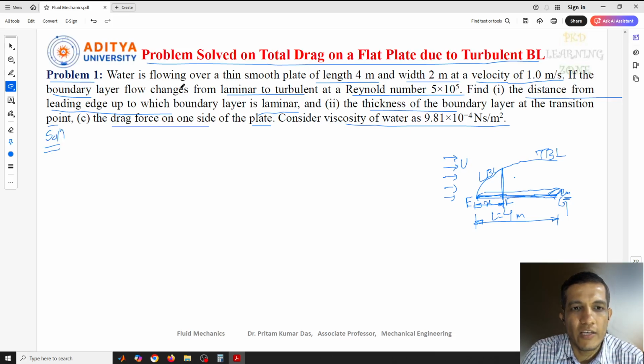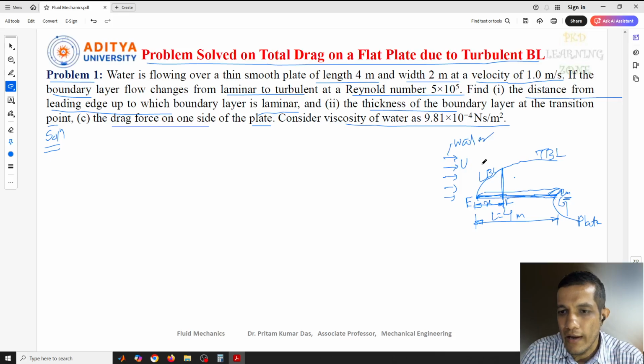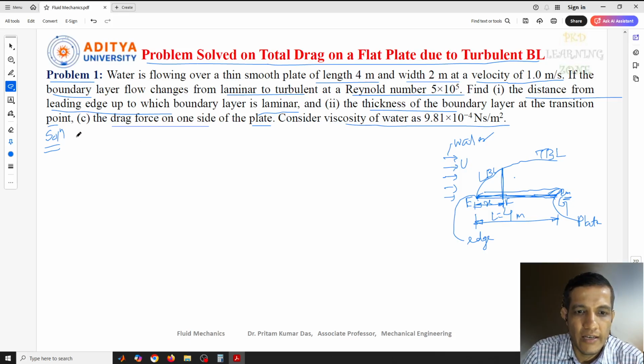Now let's do the solution. Water is flowing over a thin smooth plate, and this point is the leading edge of 4 meter length, width 2 meter, velocity 1 meter per second. Writing down the data: L equal to 4 meter, width b equal to 2 meter, velocity U equal to 1 meter per second.